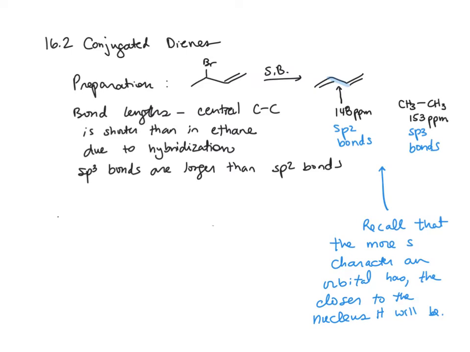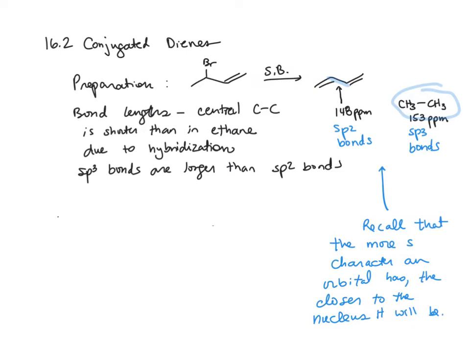With the diene, the central carbon-carbon bond is only 148 pm in length, whereas in ethane, the carbon-carbon bond is 153 pm in length. So what is the difference for this, given that these are both single carbon-carbon bonds?